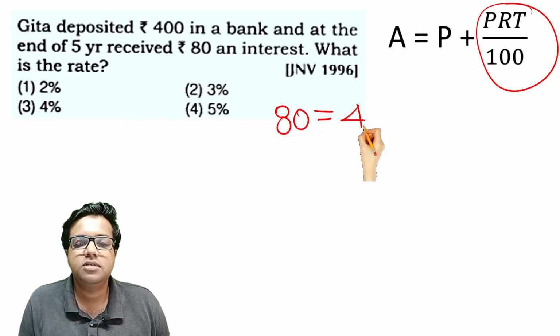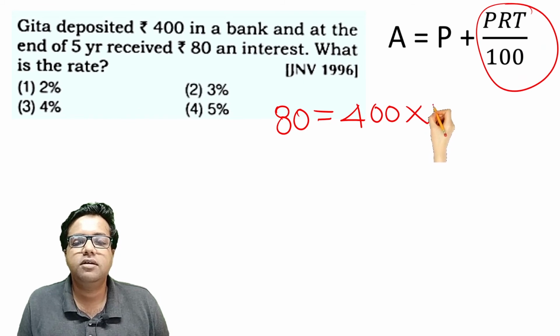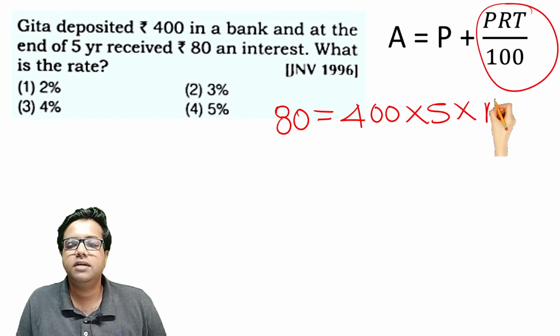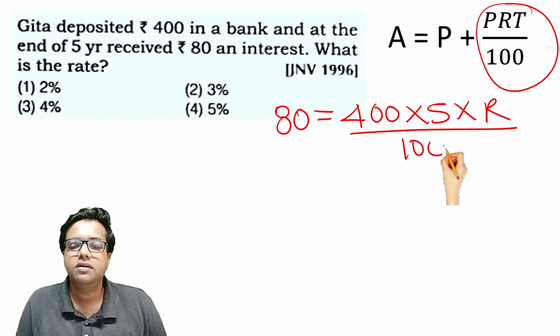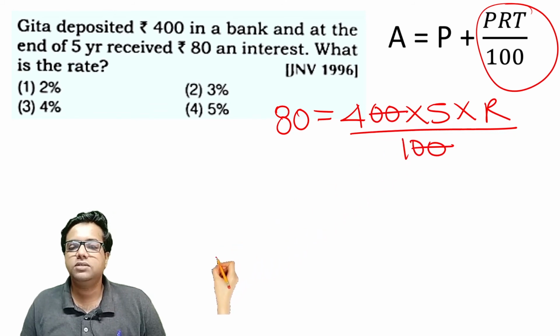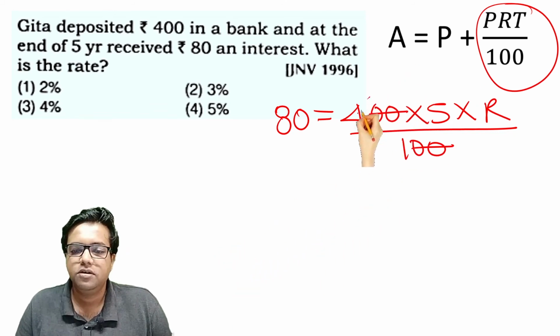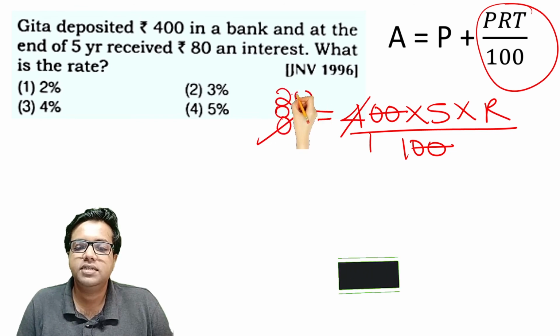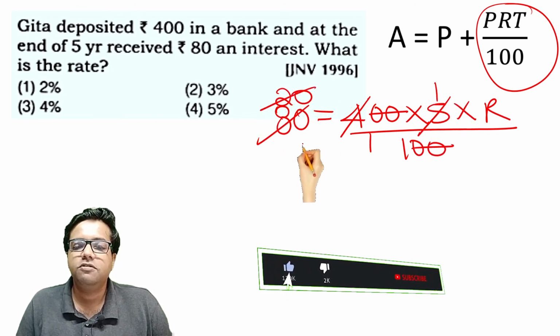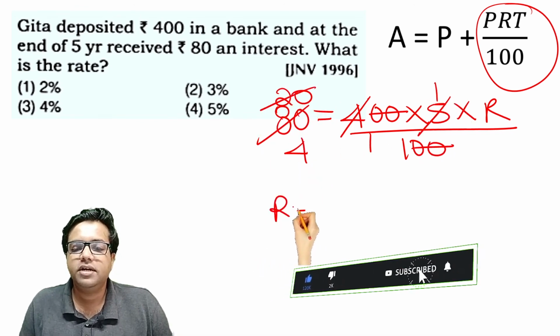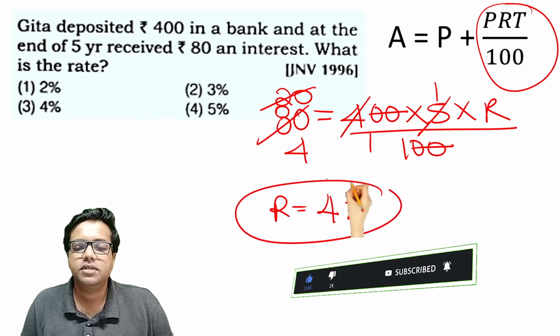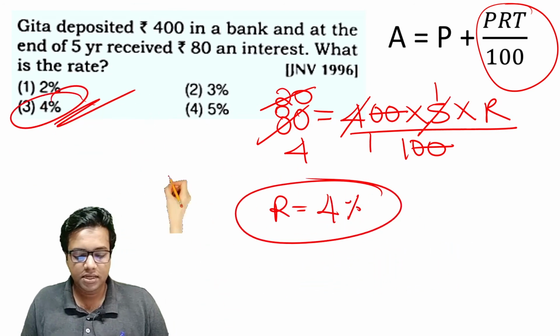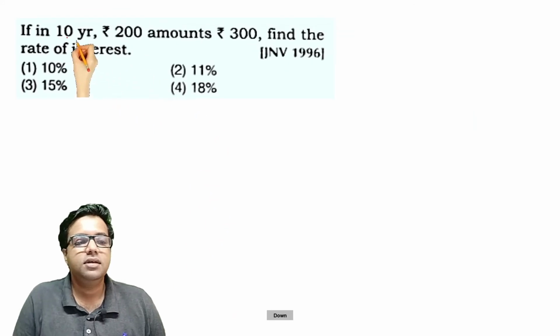And what is the principal? 400 rupees. And she kept it for 5 years. And we don't know the rate of interest. We need to find it, divided by 100. These two zeros will go away, right? 4 ones are 4, 4 20s are 80, 5 ones are 5, 5 fours are 20. So the rate of interest is equal to 4%. Option 3 is the right answer.